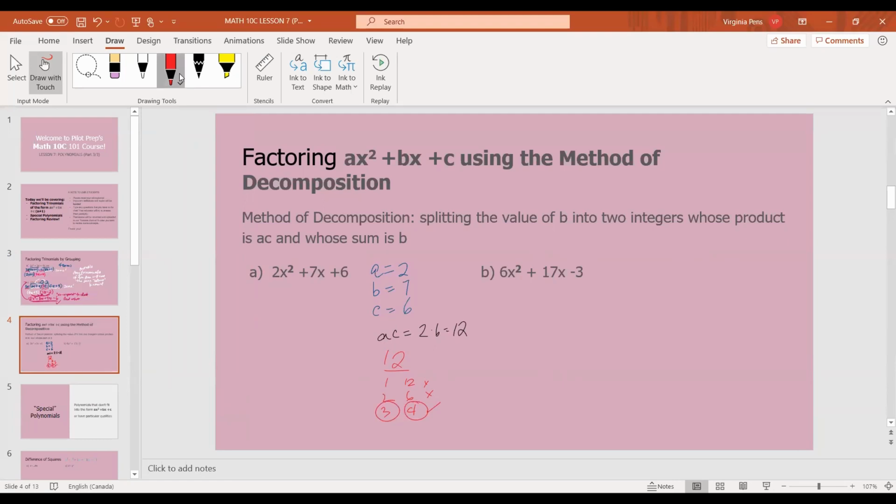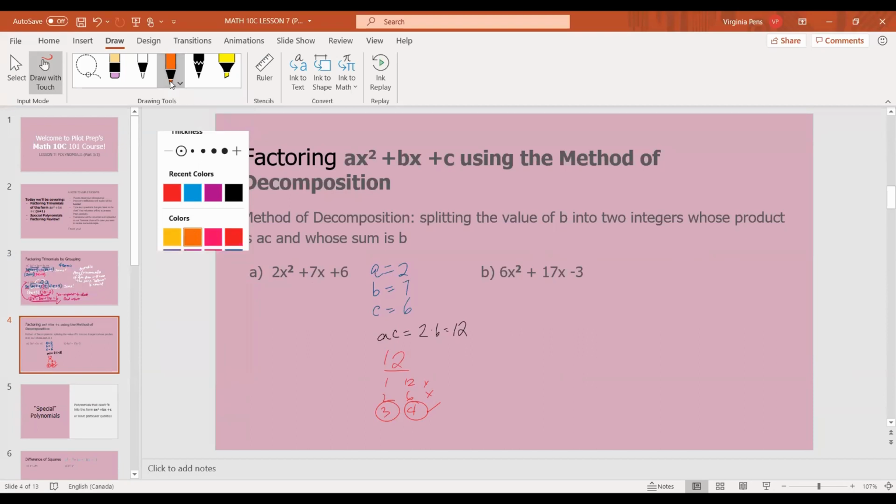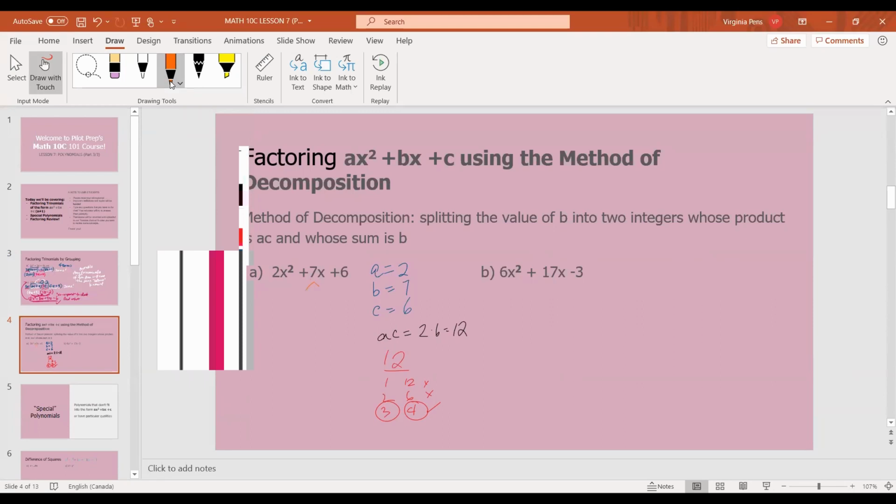So now we can bring these two integers into our equation. Let's see, what color? Orange. Let's split 7 into those two integers. So 7x becomes 3x plus 4x.